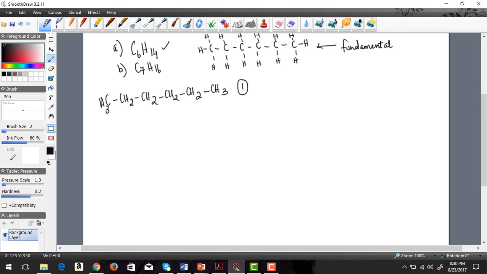Now, when you begin to write isomers, I'll teach you a tip, and this is foolproof and most likely it would never let you down. The only option that you can go directly from here is to reduce the number of carbons. Now I went from 6 to 5, which is the most logical. I'm going to switch colors here simply because I want to do something that will help you visually.